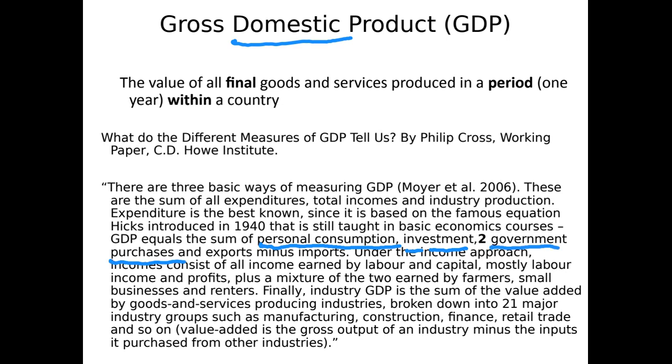when the government spends money buying goods and services from the businesses, and exports minus imports as well, because imports are actually a leakage, and exports are an injection. Now, why are we subtracting imports? We don't have to. Basically, why not just add personal consumption expenditure, investment, government spending, and exports?